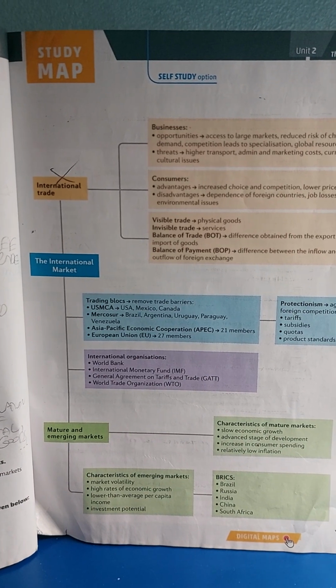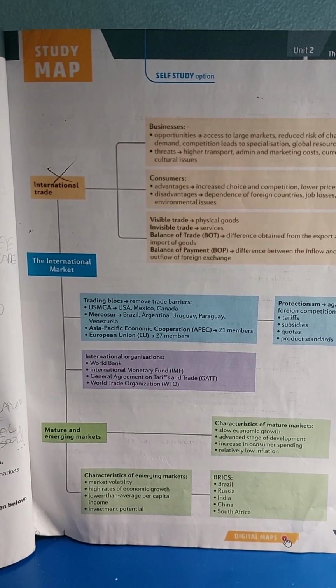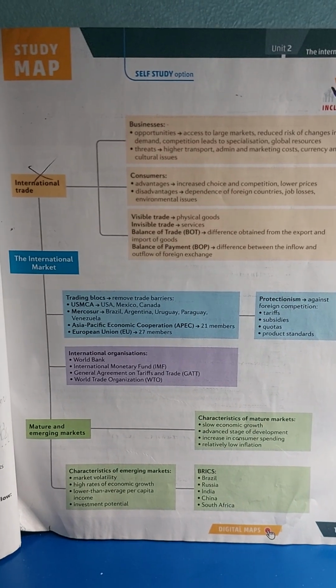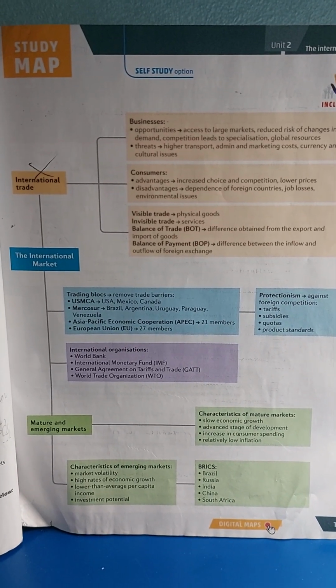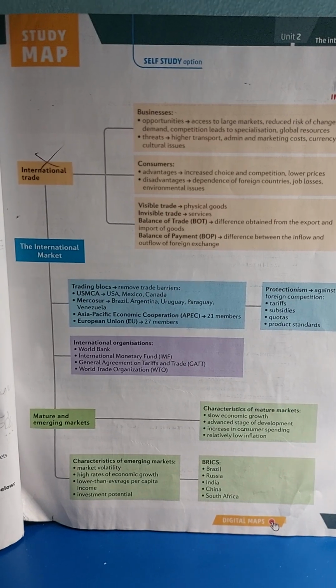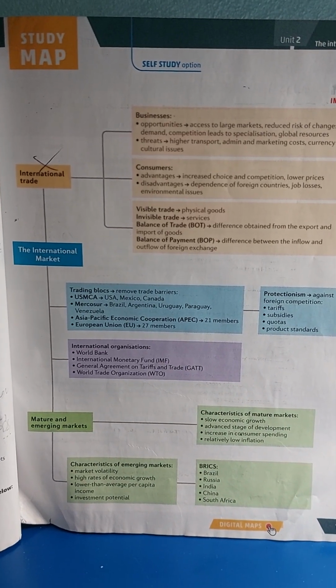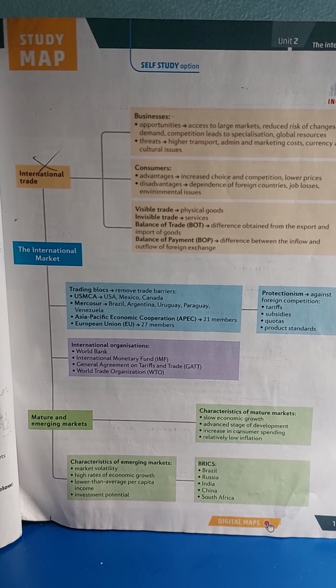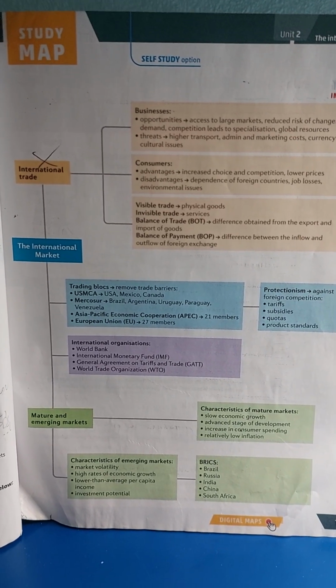And when the central banks increase the high rates of interest, alti tassi di interesse, volevo dire, there is a problem for people to buy goods and they also spend less money.